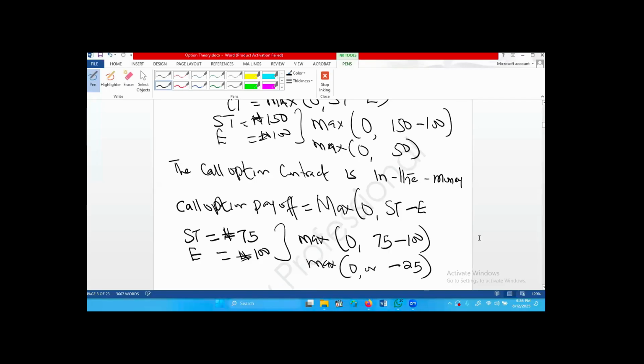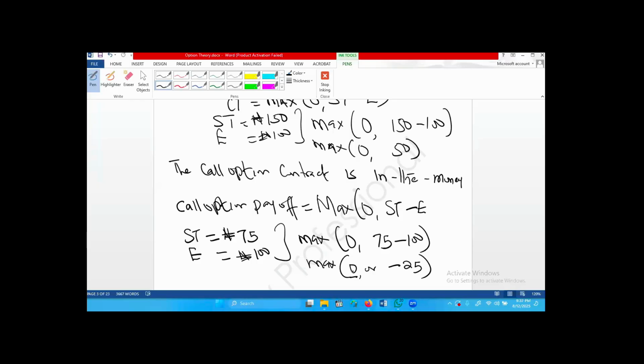If you exercise your right to buy, you are going to incur a loss of 25 naira per share. That means it is better to settle for 0, meaning that you are going to opt out of the option contract. It's a right to buy, not an obligation. It's a right to buy at 100 naira, not an obligation to buy.